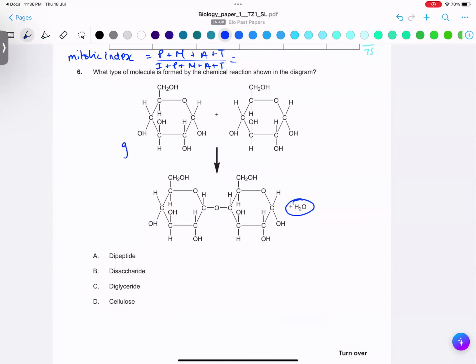So this is glucose and this is glucose, because remember that glucose has 6 carbons. So in this case, we do actually have monosaccharide, monosaccharide. So here we end up getting a disaccharide through a condensation reaction.